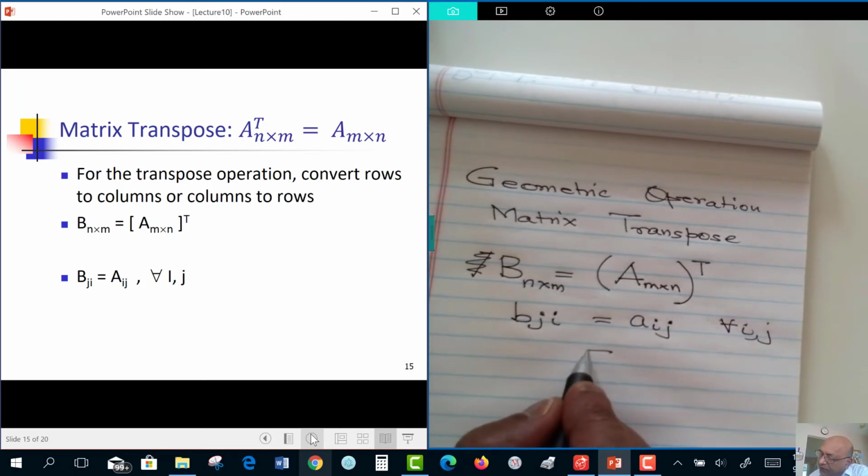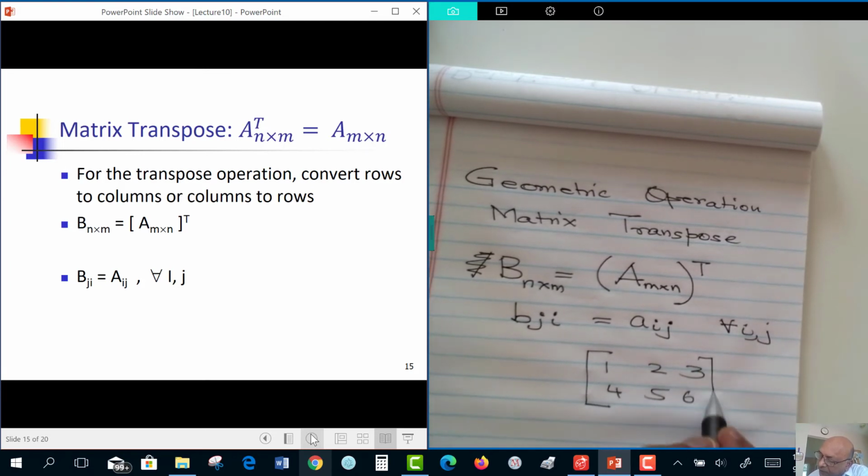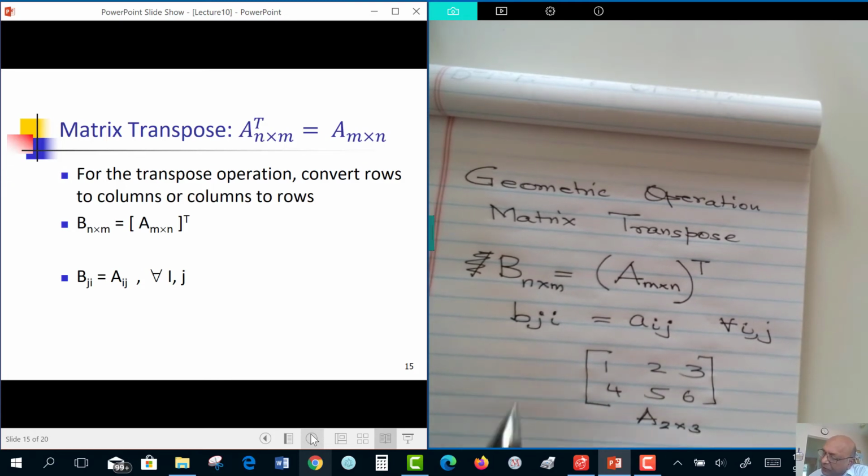So let's see, suppose we have a matrix 1, 2, 3, 4, 5, 6. So this is our matrix A, 2 rows, 3 columns. So when we take its transpose, we'll get a result. Our result would be B, which is going to have 3 rows now and 2 columns.